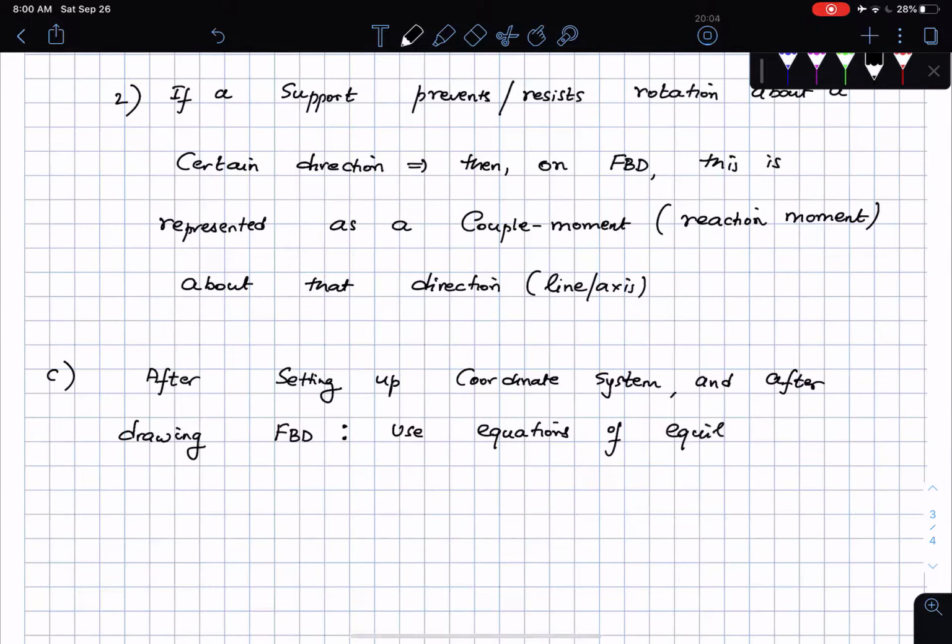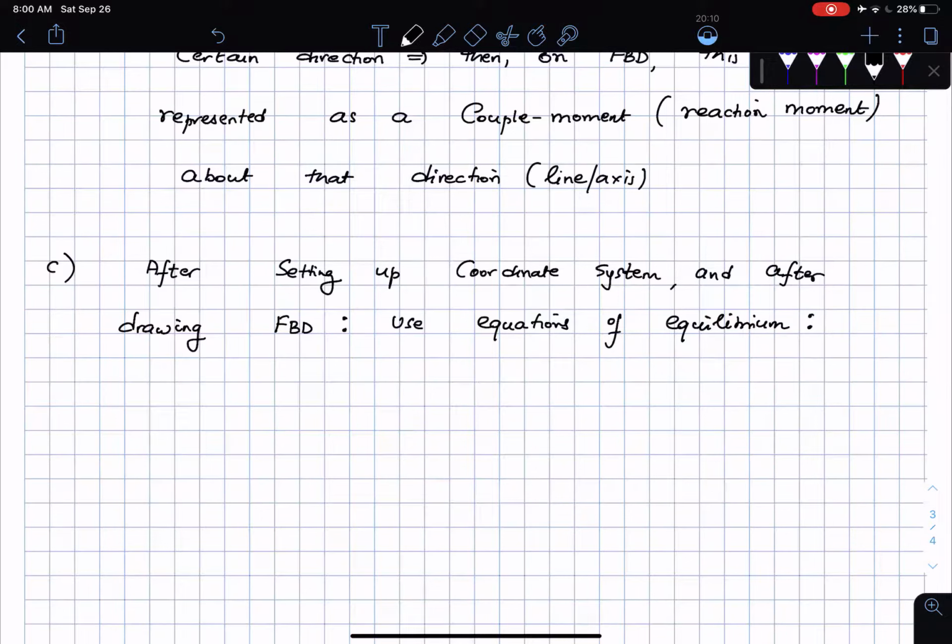What are the equations of equilibrium? First of all, let me redraw my x and y directions, because I want to show you something that I'm going to be consistently following. So this is positive x, this is positive y, and this is the counterclockwise sense for the positive moment.